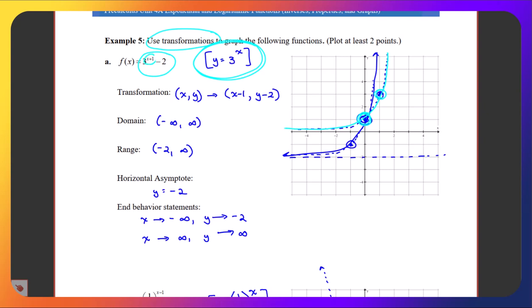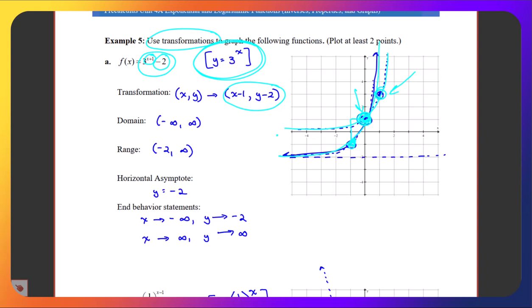We see that it's going to move to the left 1 and down 2. So I take this point to the left 1 and down 2. And I take this point to the left 1 and down 2. And I get my new graph.